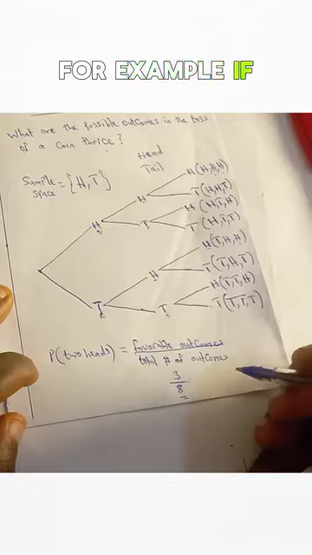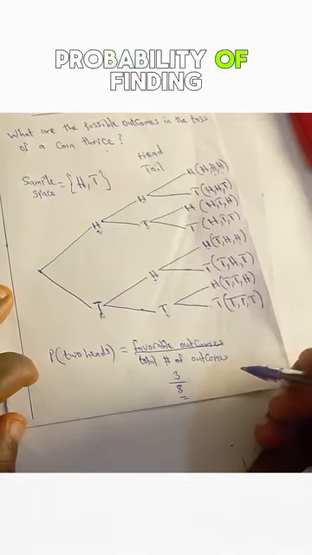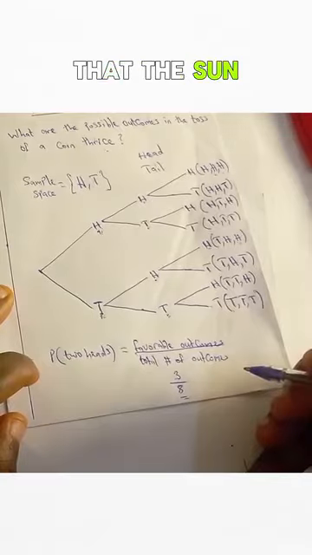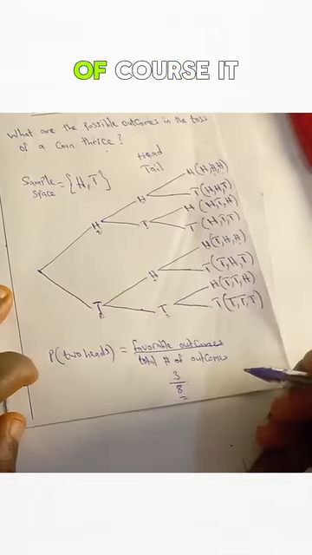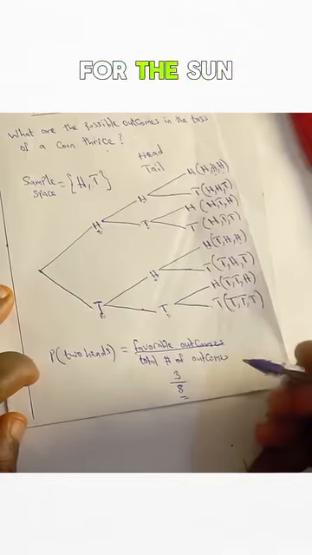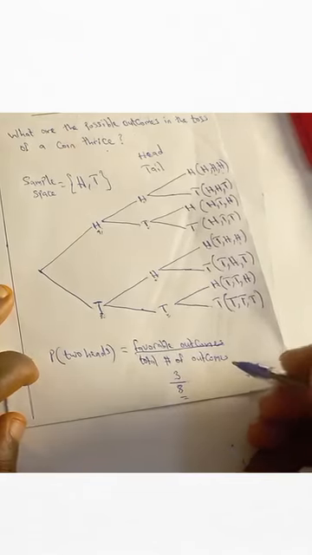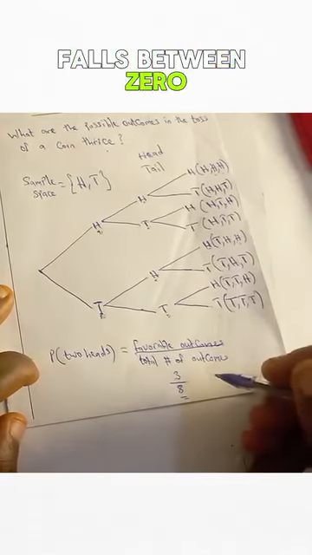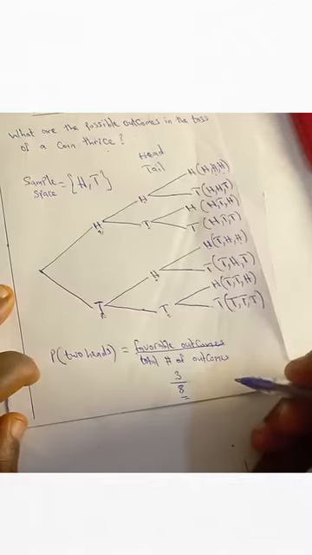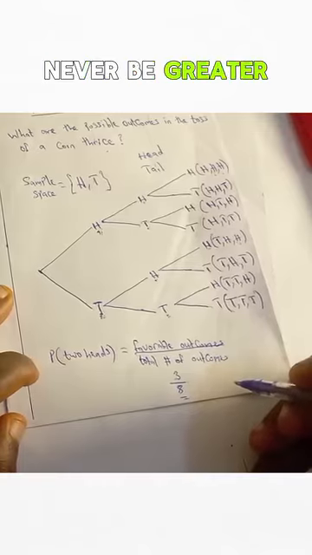For example, if they ask you, what is the probability of finding out that the sun is made of paper? Of course, it is impossible, so this probability will be 0. Every other probability falls between 0 and 1 or is equal to 1. A probability will never be greater than 1 or negative.